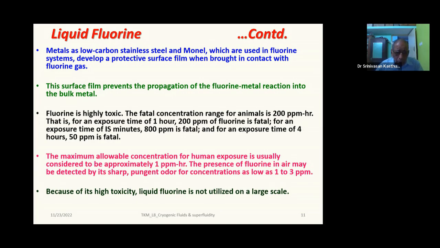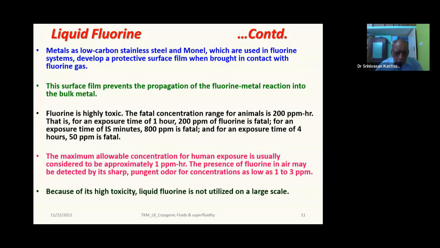So people who are dealing with fluorine in the laboratories, etc., have to be extremely safety conscious when dealing with such harmful chemicals. The maximum allowable concentration for human exposure is usually considered to be 1 ppm in an hour. The presence of fluorine in air may be detected by a sharp, pungent odor for concentrations as low as 3 ppm.